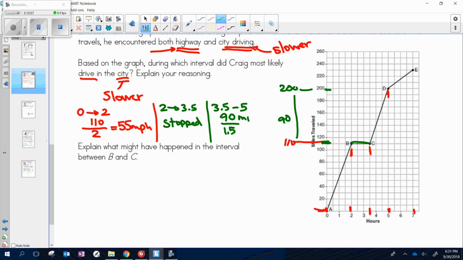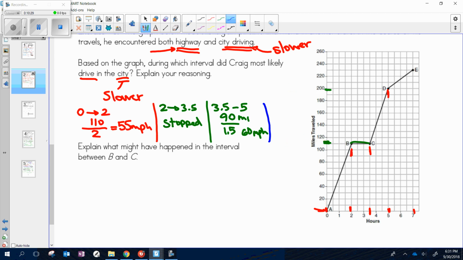And if you divide 90 by 1.5, you get 60. So that's like he's going 60 miles per hour. Now to me, that seemed a little fast. So the last interval I looked for city driving was 5 to 7. So let me just erase this so I can write a little bit here.